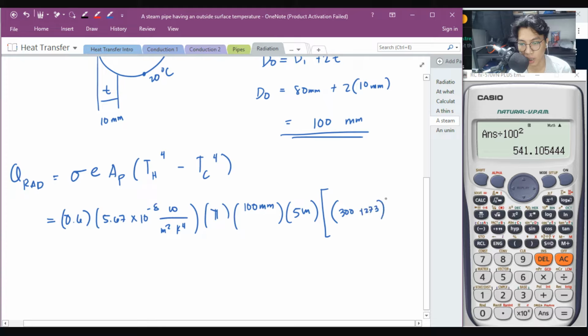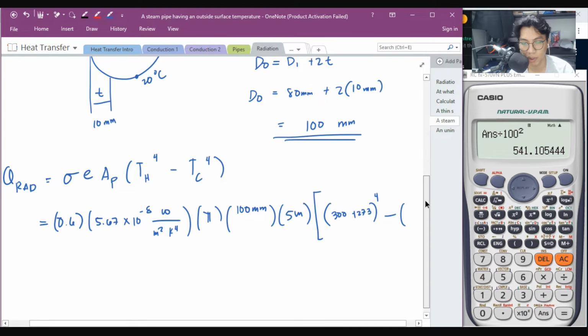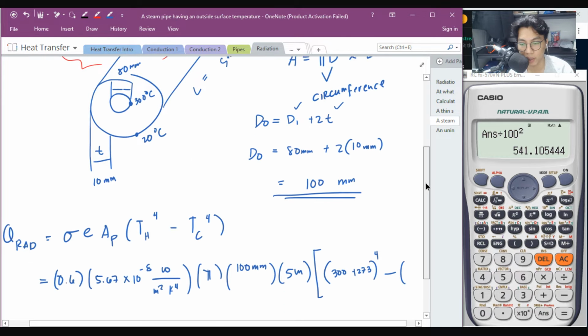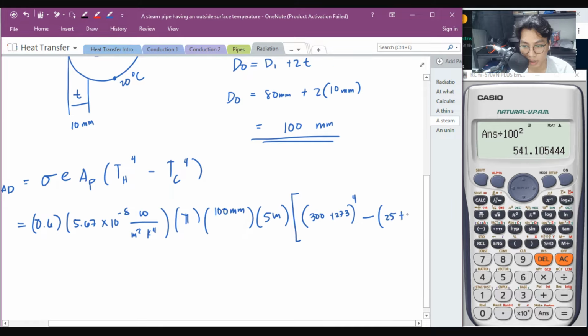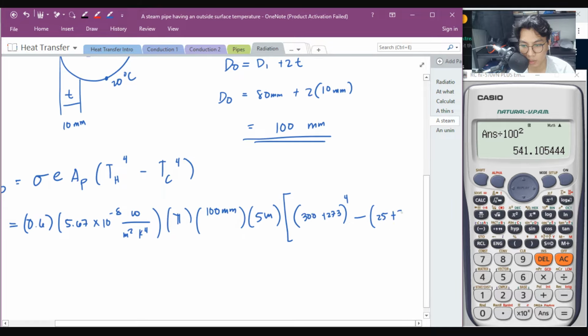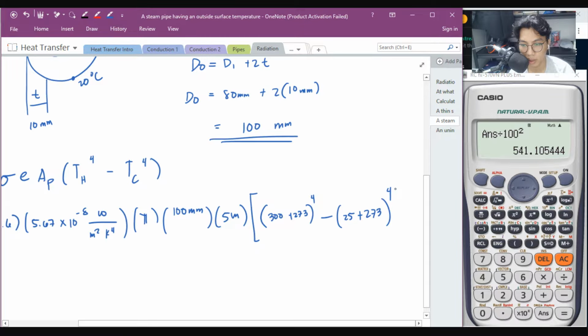Umahaba lang dahil nag-absolute ka dito. The fourth. Minus. Okay? Yung isa, 20 ba yun nandyan? 25. 25 plus 273 to the fourth. Kelvin to the fourth. Okay.